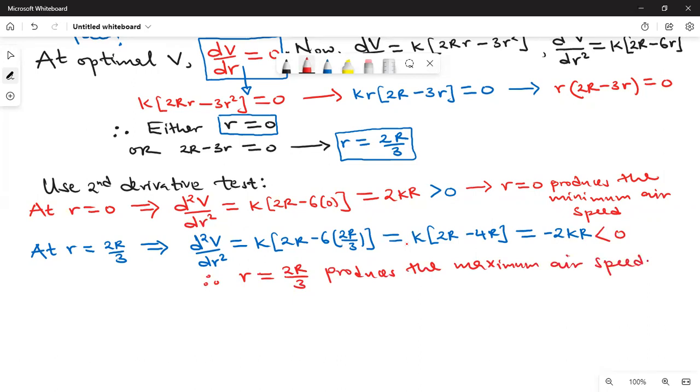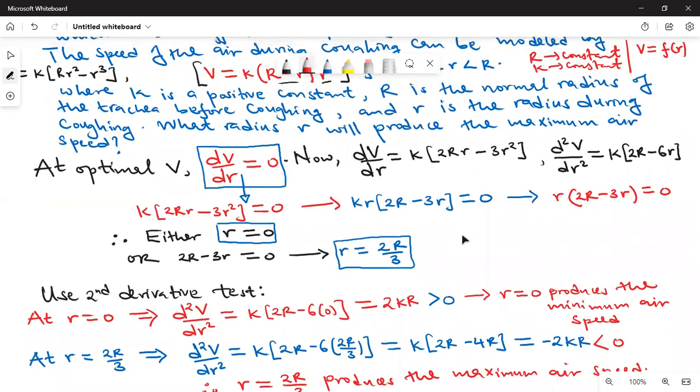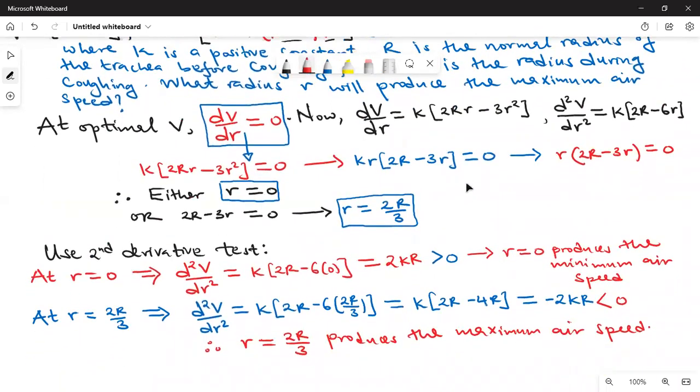So that's the answer: the value that will give us the maximum air speed is when the small r is equal to 2R capital divided by 3.